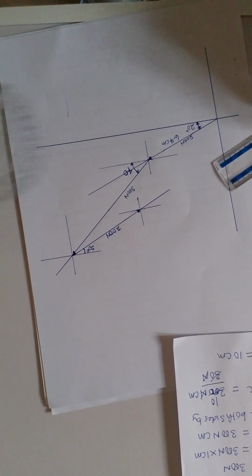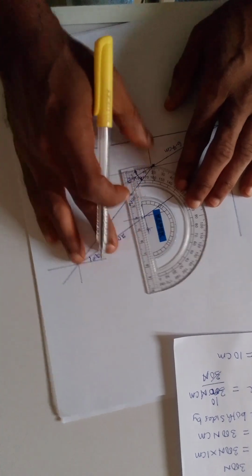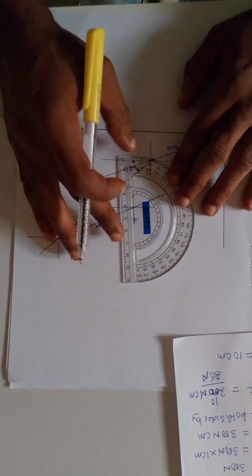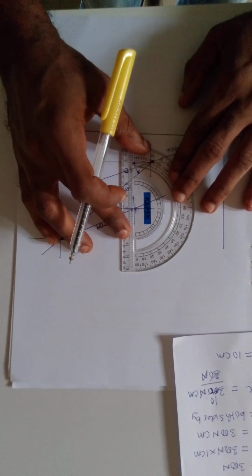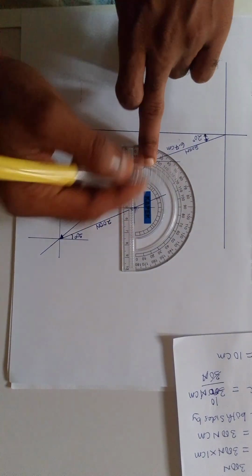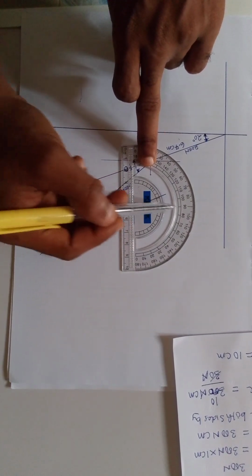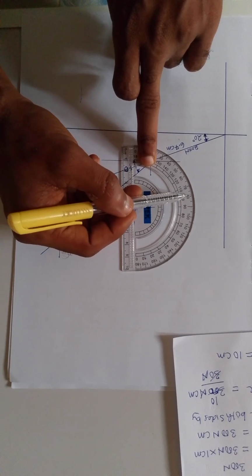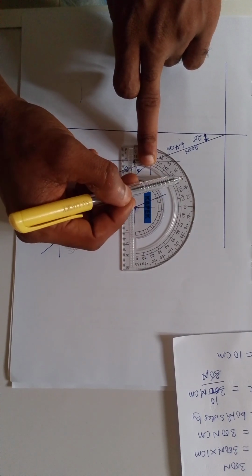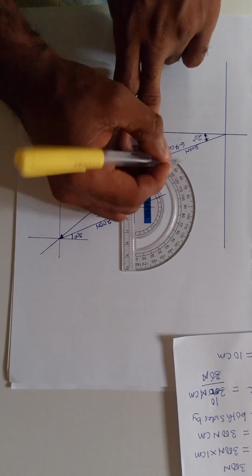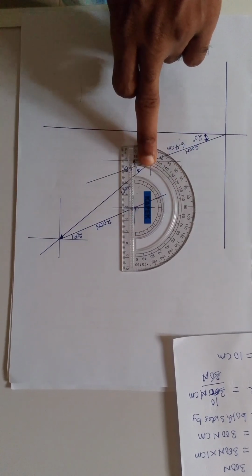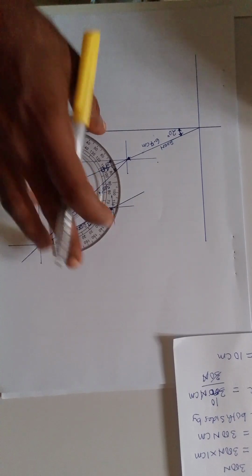So we now pick it, and we place our compass this way and this way, and then we count 40 degrees down. So this is 90, 80, 70, 60. From 90, this is 10, 20, 30, 40. So that takes us down to 50.